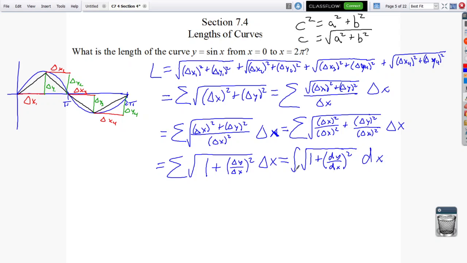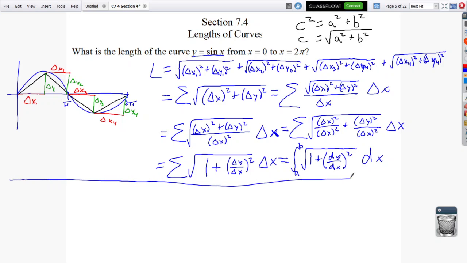Now I will point out, since we're talking about an integral, we can now put in our limits a and b, and now we can actually find out what the length of the curve y equals sine of x is from x equals 0 to 2 pi. Because I know this expression, dy dx, just means find the derivative.